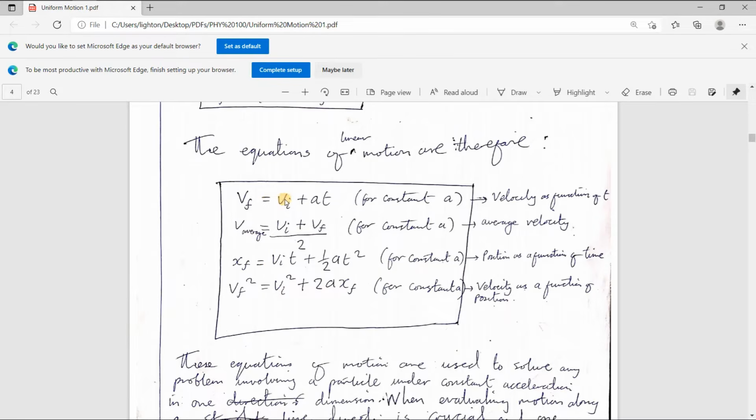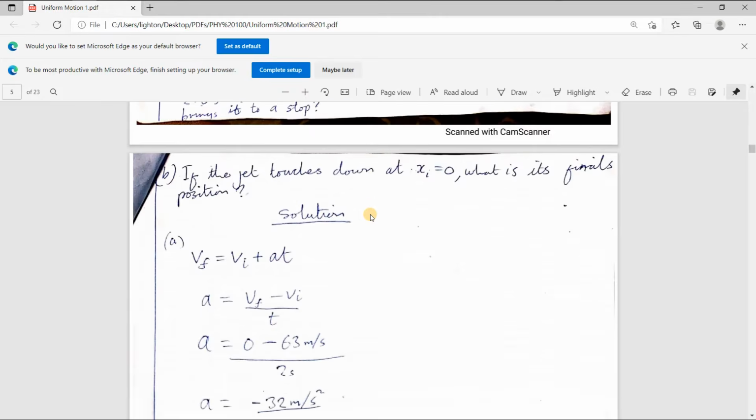This equation has the final velocity, initial velocity, the time, and the acceleration, so automatically we'll go for it because it has all that we need to work out the problem. So we'll use this equation of uniform motion.